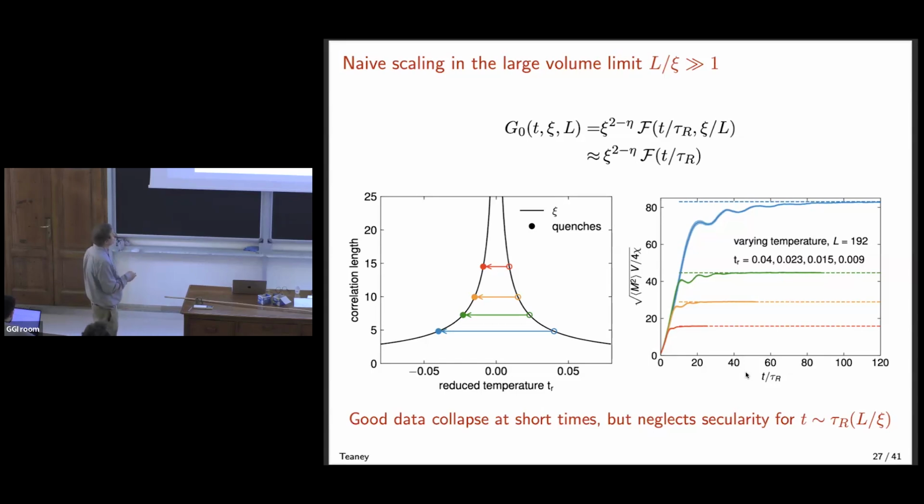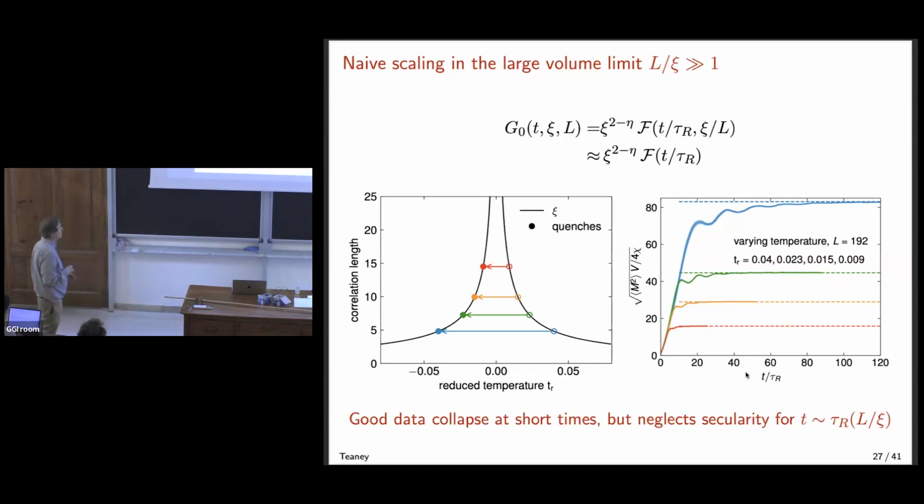Of course, what you see is that it doesn't give you a universal curve except for very short times. At short times, you do see a good data collapse. These are very different simulations, and you see a nice collapse at short times. But at late times, it doesn't show data collapse anymore. You could ask yourself why.